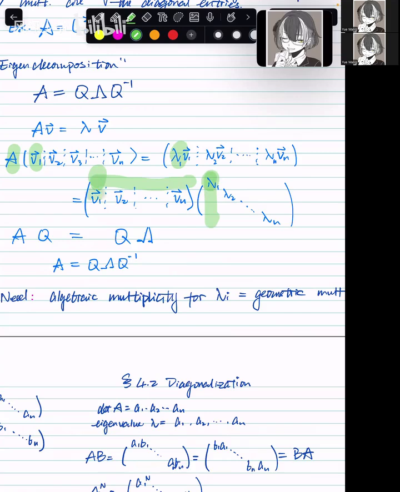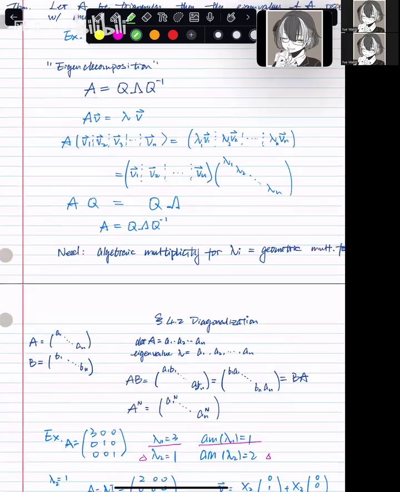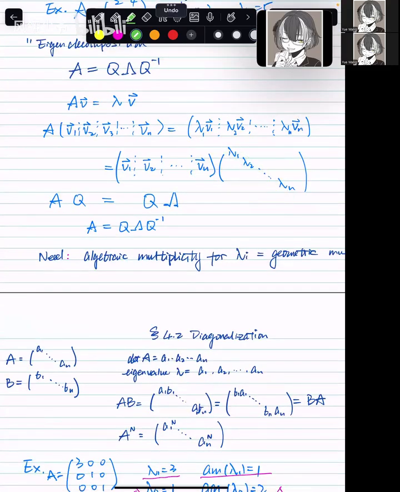Similarly for the second row, it's the second value in v1 multiplied by lambda 1. So what we have here is actually the matrix Q, exactly the same as this, multiplied by the matrix capital lambda, which is composed of the eigenvalues on the diagonal.